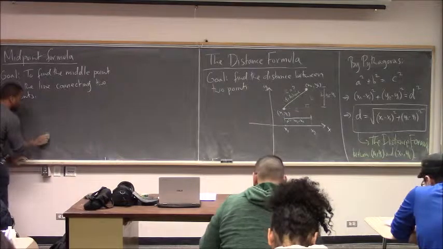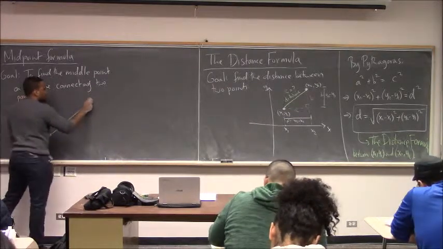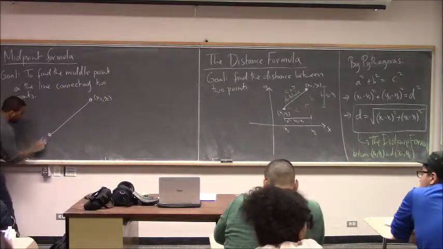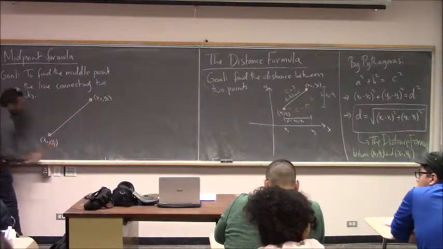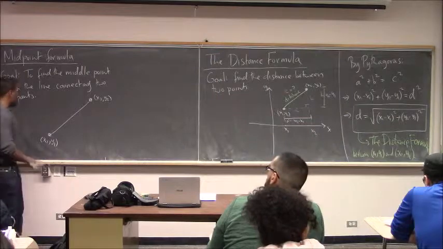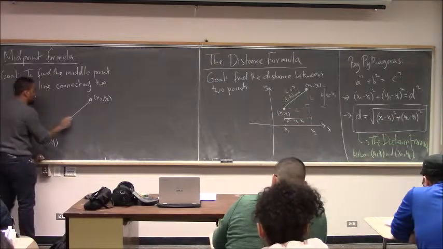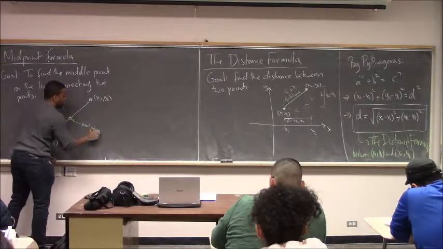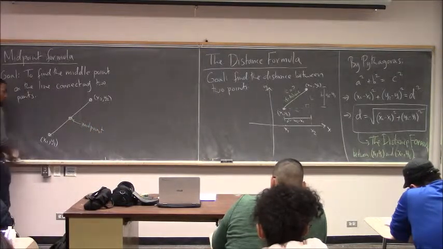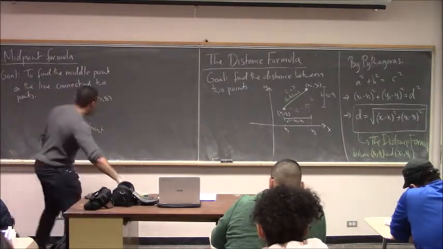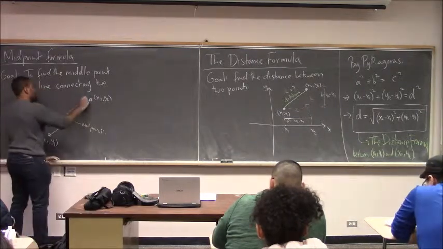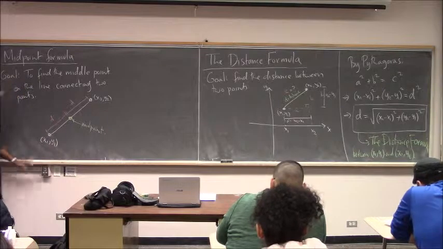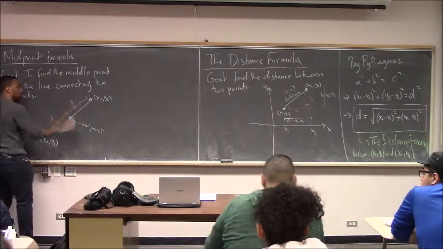So in other words, let's say I have 2 points and the line connecting them. So this is x2, y2. This is x1, y1. I am concerned with finding the point that is smack dab in the middle here, called the midpoint, where it is a point on the line such that the distance here and the distance here are the same. Okay, so these two distances are the same thing.